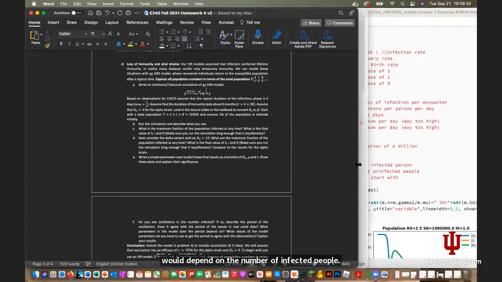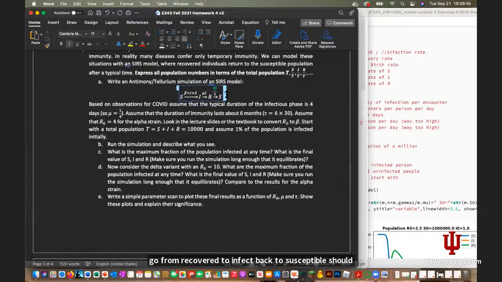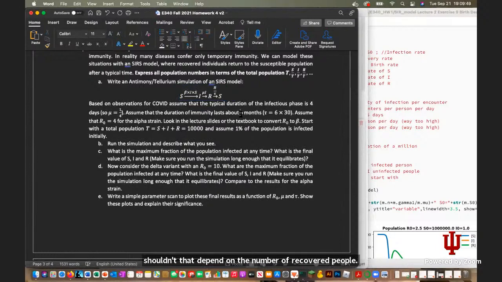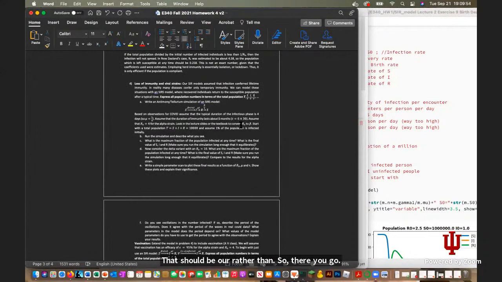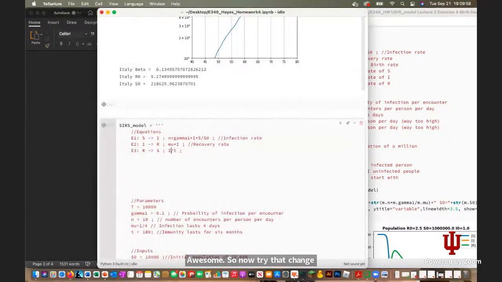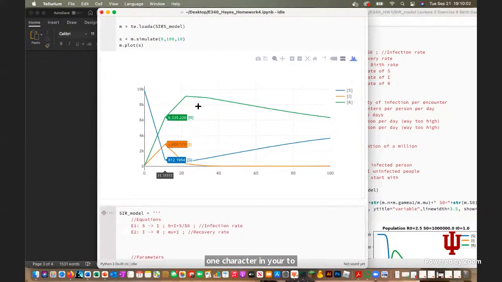No. Shouldn't the rate at which you go from recovered back to susceptible depend on the number of recovered people? Yeah, so that should be R rather than S. There you go. Awesome. So now try that. You changed that one character, let's see what happens. There you go. Cool. Now it's working.